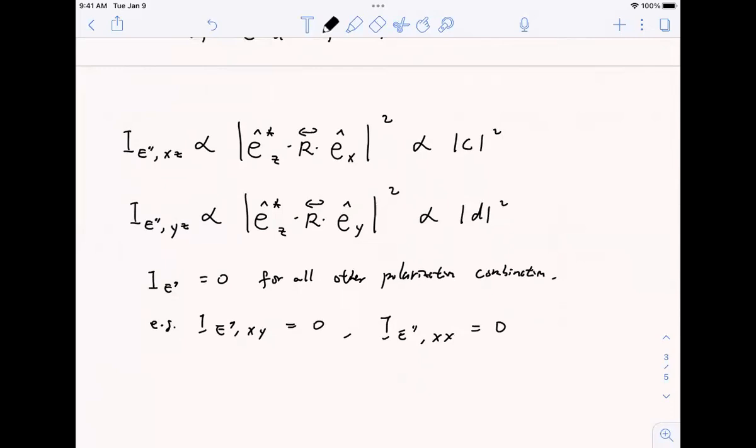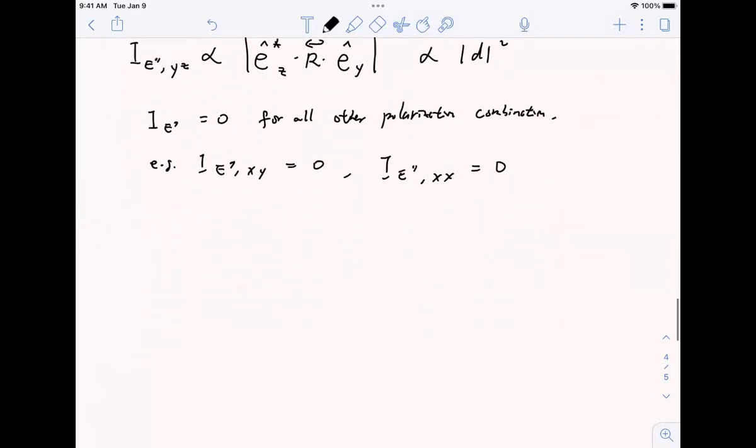That means you shine the light. Let's say this is your sample, and you have X, Y, Z. If you shine the light, let me use this as a Y extent.